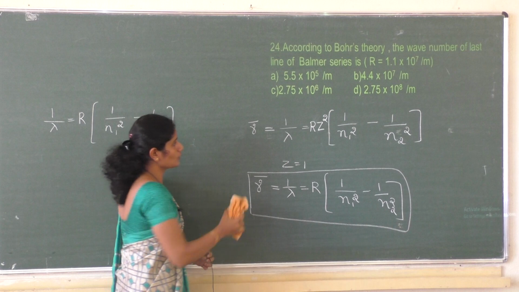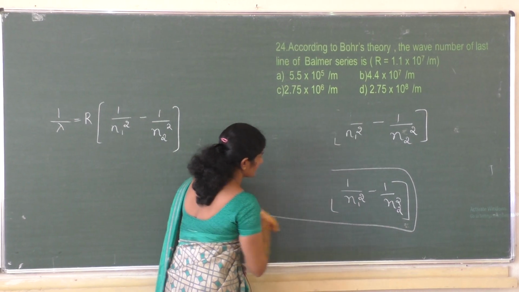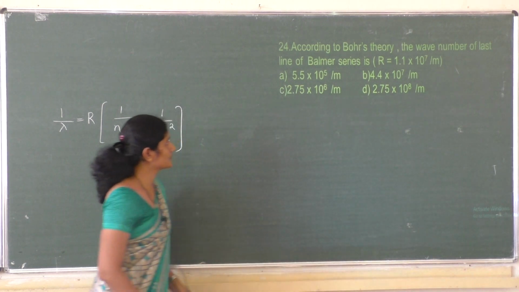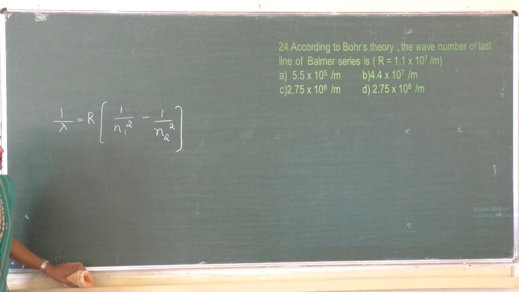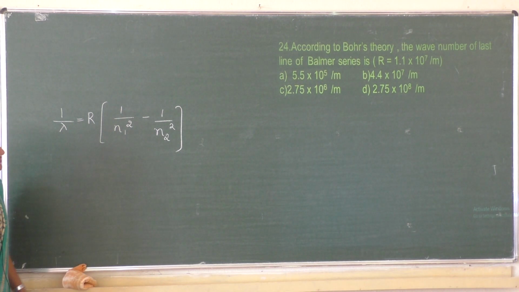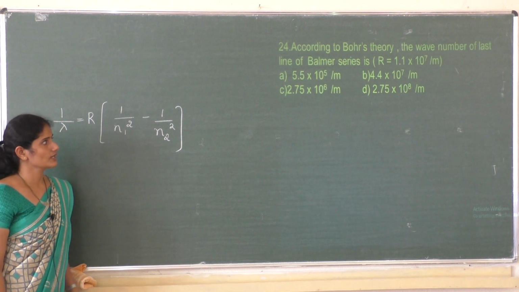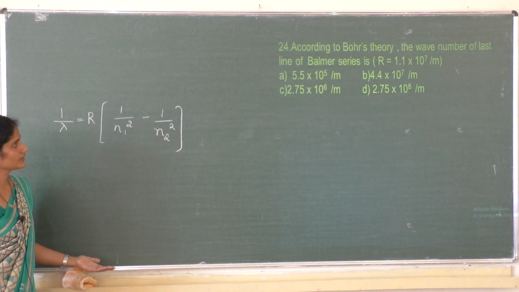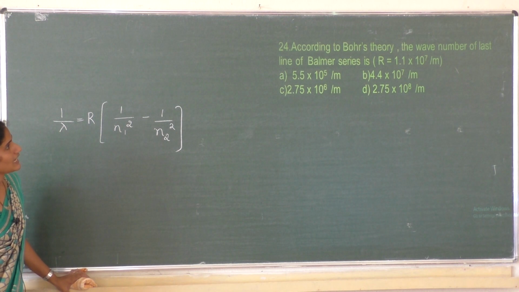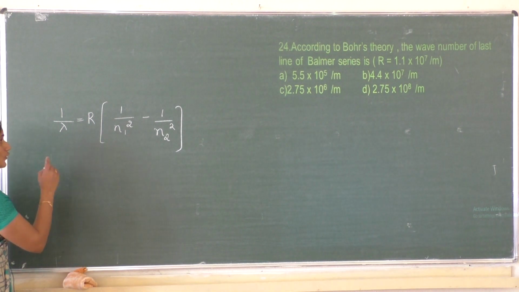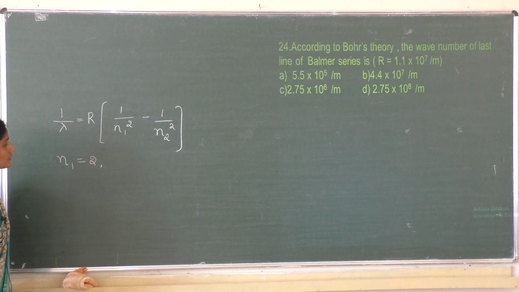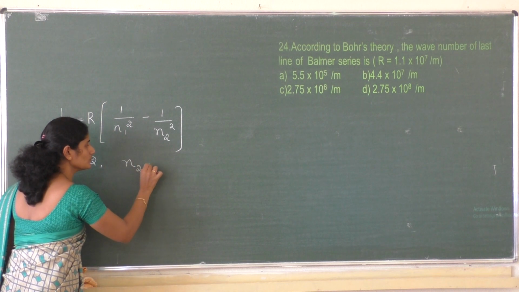For the last line of Balmer series, we obtain the Balmer series when an electron jumps from higher energy level to the second level, that is n1 is equal to 2 and n2 varies from 3 up to infinity. The last line of Balmer series: for the last line of Balmer series, n1 is equal to 2, n2 is equal to infinity.